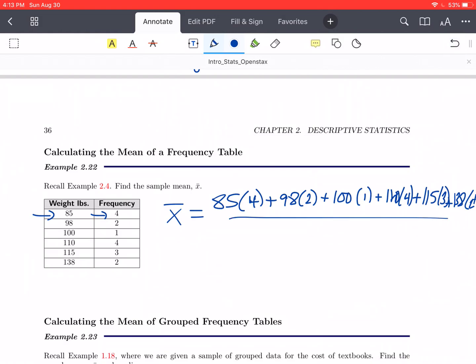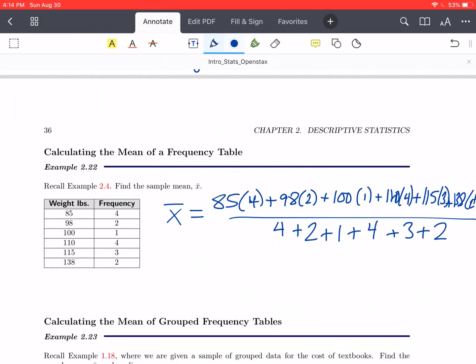And then we need to divide by the total number of occurrences, the total frequency. To do that, we just add up how many there are. So that's going to be 4 plus 2 plus 1 plus 4 plus 3 plus 2.